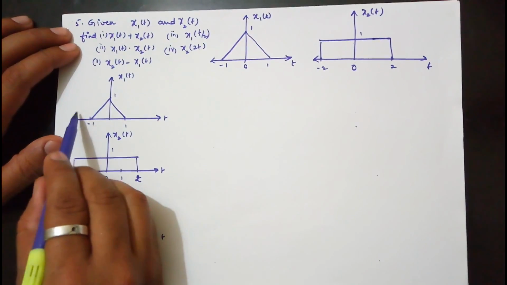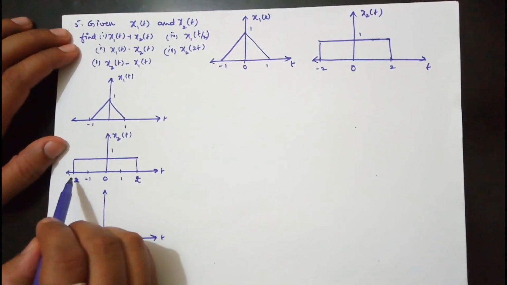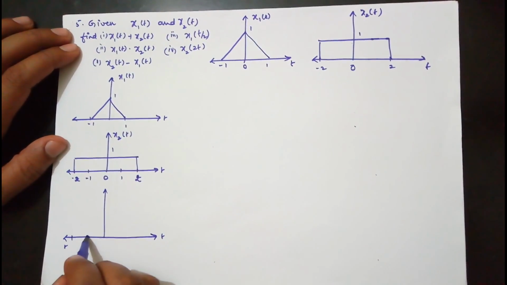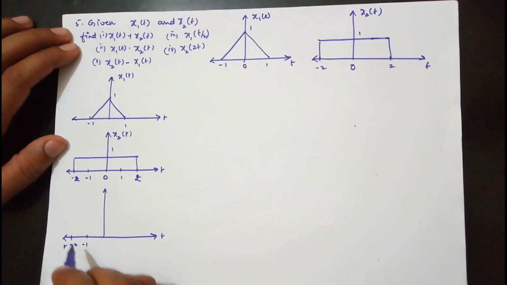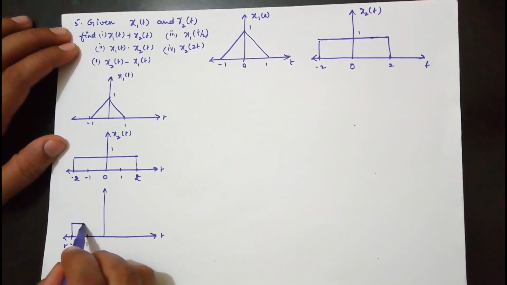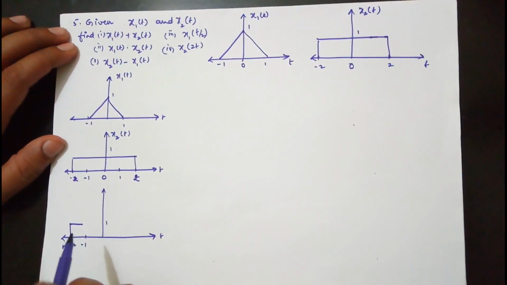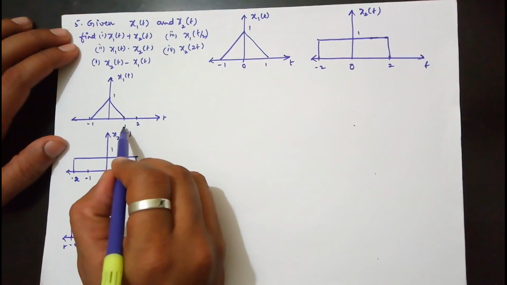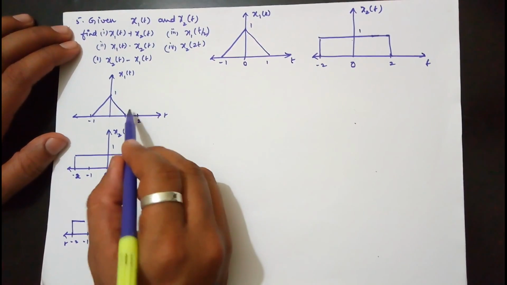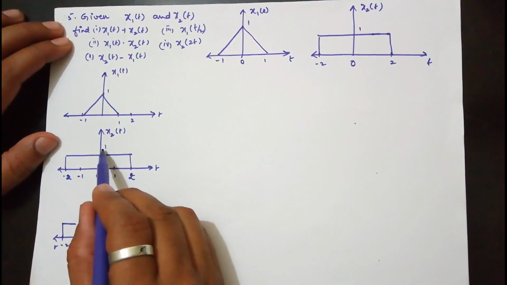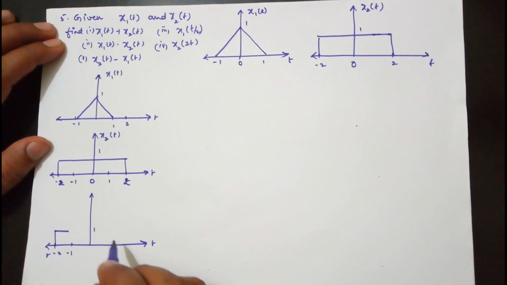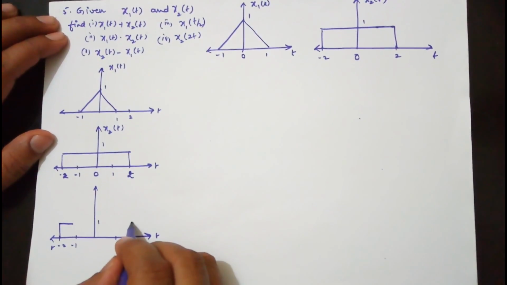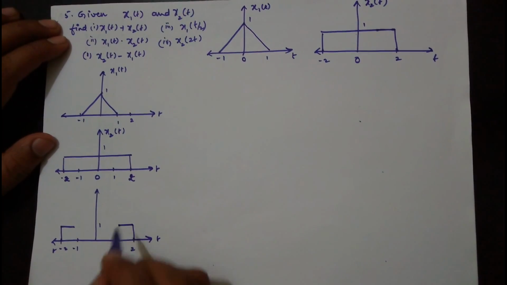So here it will be 0, and here the amplitude between -2 to -1 is 1. So when you add, from -2 to -1 it will be 1. Similar is the case on the positive side, from 1 to 2. You have no waveform here, and you have one waveform here with an amplitude of 1. So from 1 to 2, the amplitude is 1.